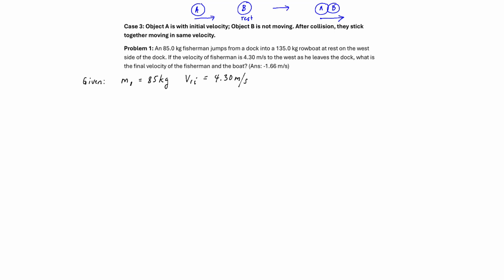And so he jumps onto the rowboat, wherein initially that rowboat is 135 kilograms, and the initial velocity is at rest, so that would be 0 meters per second.